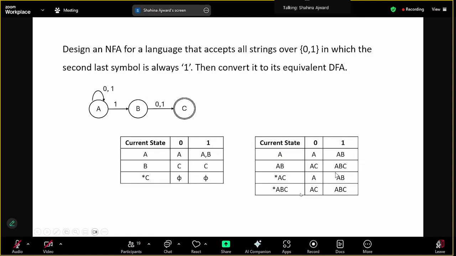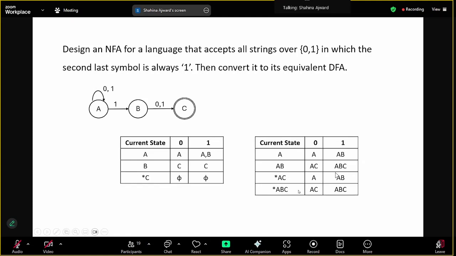For the ABC, we have to check ABC, right? For the input symbol 0, it goes to A and C, right? That means the whole column we have to consider, right? So we write AC. And for the input symbol 1, it goes to A, B, C, right? So we write A, B, C. All the states included in the 0 and 1 columns are already defined over here, right?